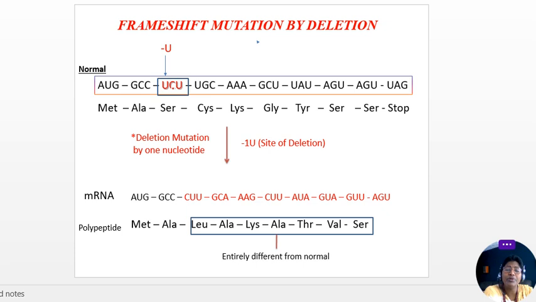So from where the deletion occurs onwards, the amino acid sequence will be changed, and we get an entirely different protein than the normal protein. So with this, I conclude the notes on mutation.